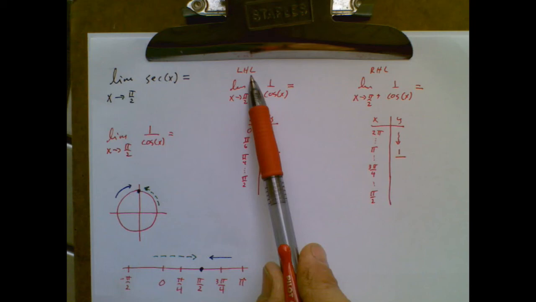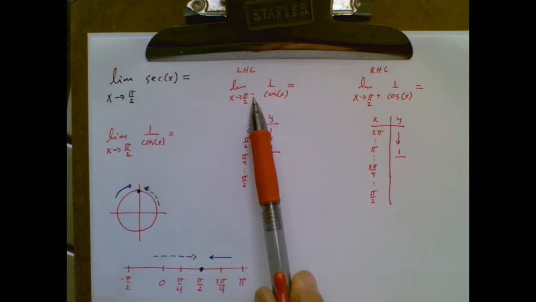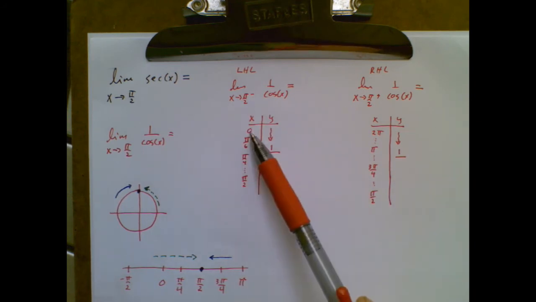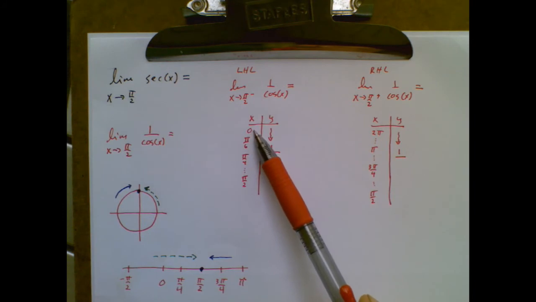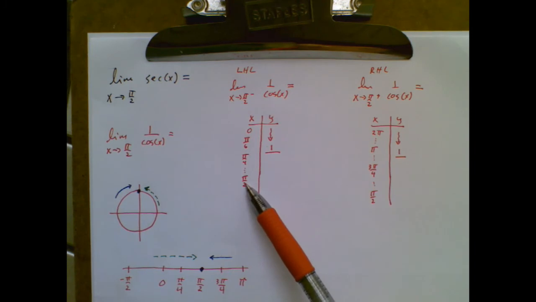So let's think about the left-hand limit. I'm approaching pi over 2 from the left, and to the left of pi over 2 is 0. And then if I think about sneaking up on it, I'd go to pi over 6, pi over 4, and eventually get to pi over 2.